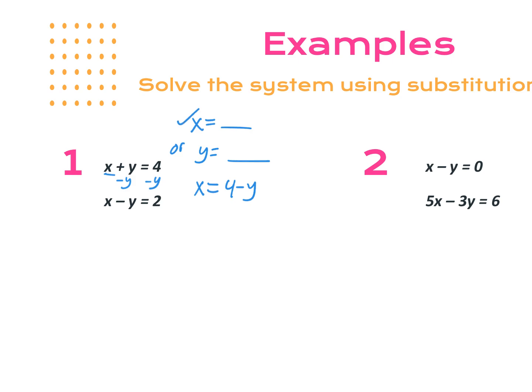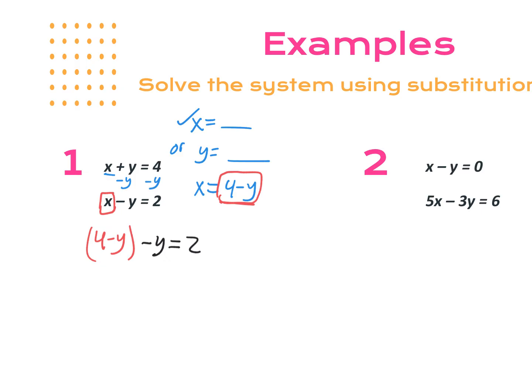Once that's done, you want to substitute this expression, 4 minus y, into the other equation that you didn't touch, for x. I see an x right here, but we know that x has to equal 4 minus y. So I'm just going to replace that x with a 4 minus y, and leave everything else the same.